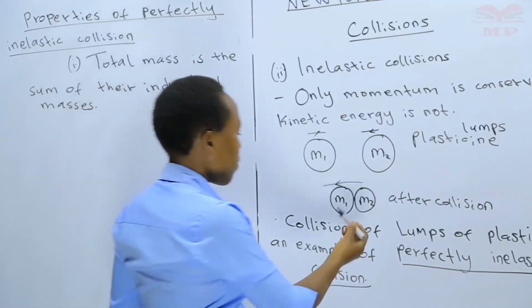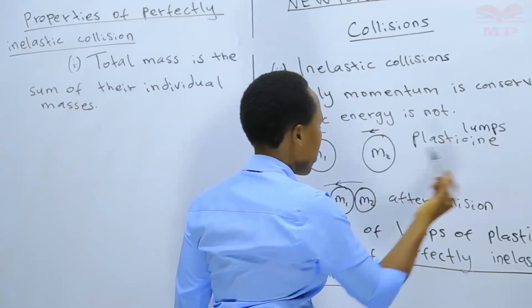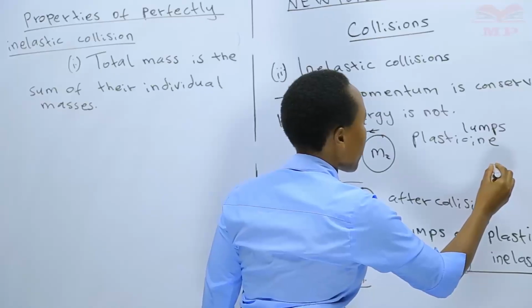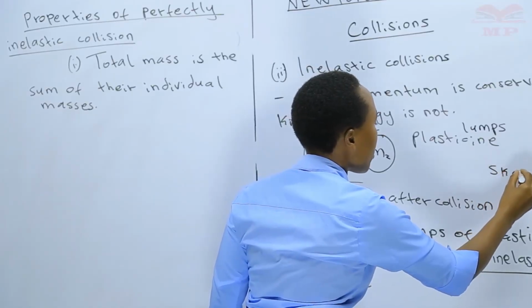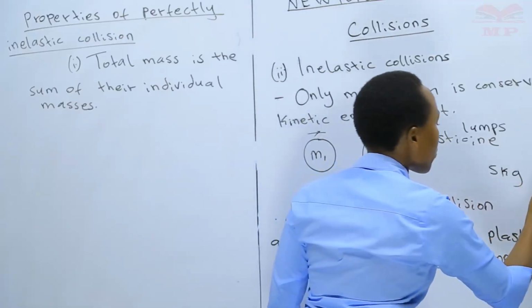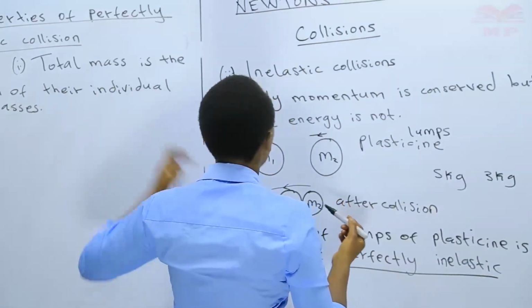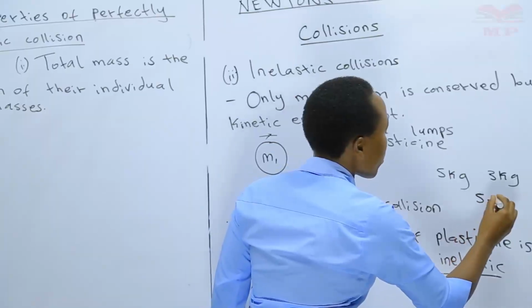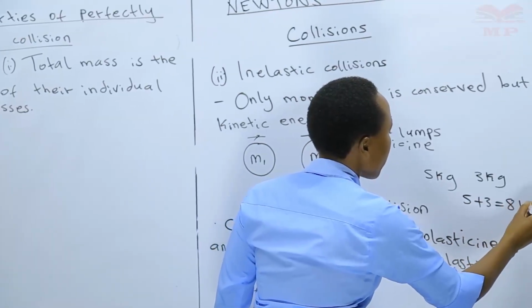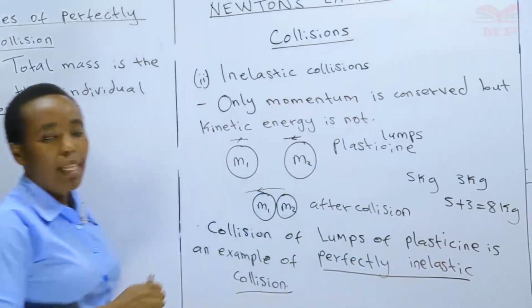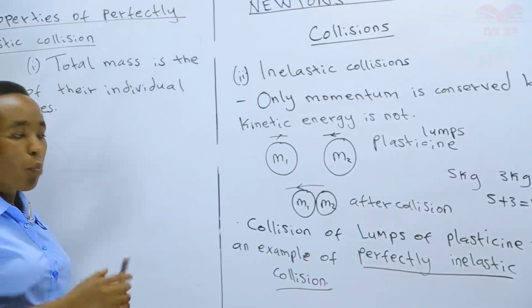That is to say, if body 1 had a mass of, let's say, 5 kilograms, and the other one had a mass of 3 kilograms, the total mass is 5 plus 3 to give you 8 kilograms. That will be the mass of the whole body.